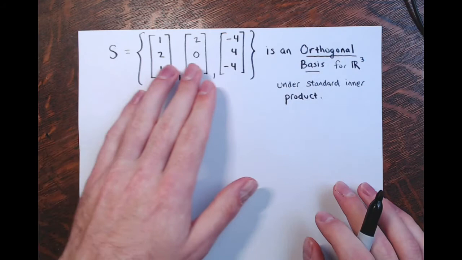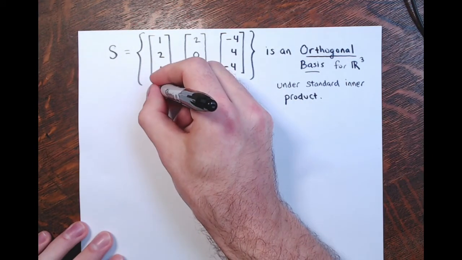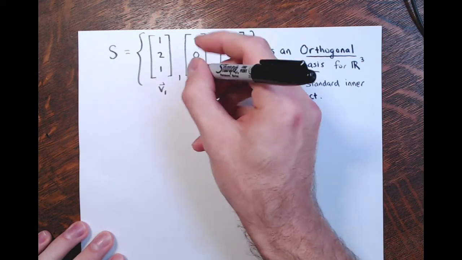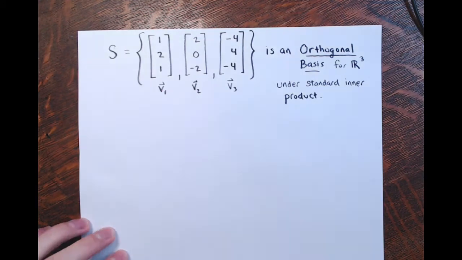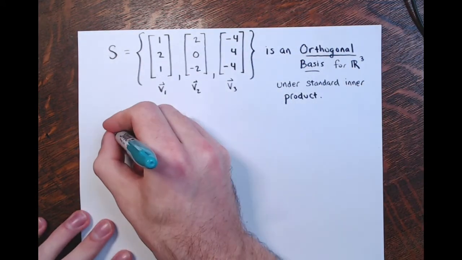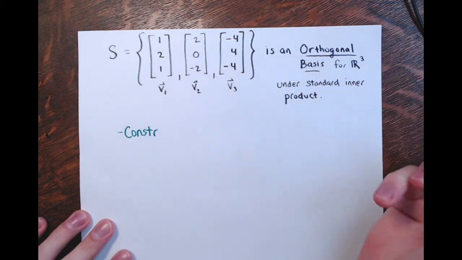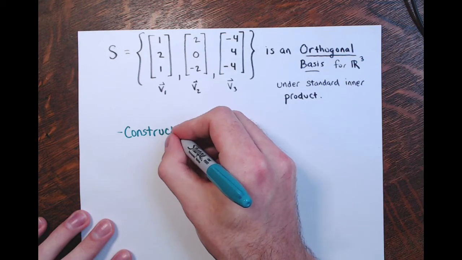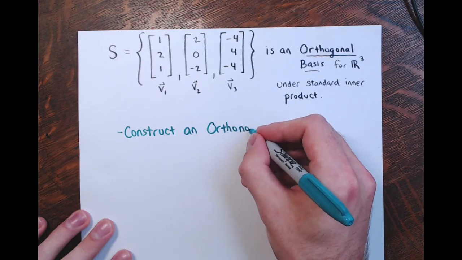Like I was saying, they give us this set here that is an orthogonal basis for R3. I'll call these vectors v1, v2, and v3. Now, what I would like to do is construct from this orthogonal basis an orthonormal basis for R3 under the standard inner product, the dot product. And again, it's very simple.